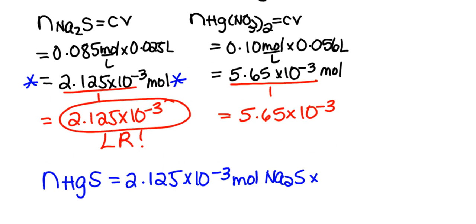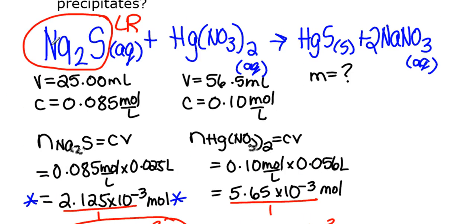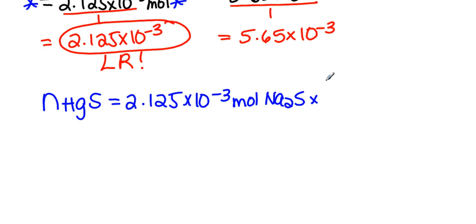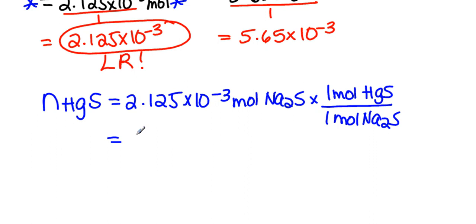When I go back up to my equation, it's a 1-to-1 ratio between my reactant and product, which is nice. So I've got 1 mole of mercury 2 sulfide for 1 mole of sodium sulfide. So my number doesn't change here.